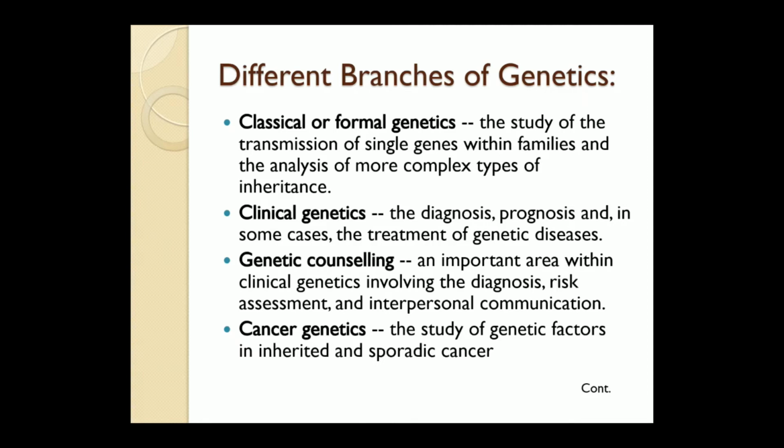Clinical genetics: the diagnosis, prognosis, and in some cases the treatment of genetic disease. Genetic counseling: an important area within clinical genetics involving diagnosis, risk assessment, and interpersonal communication. We can assess the risk of occurrence of some disease by counseling them.